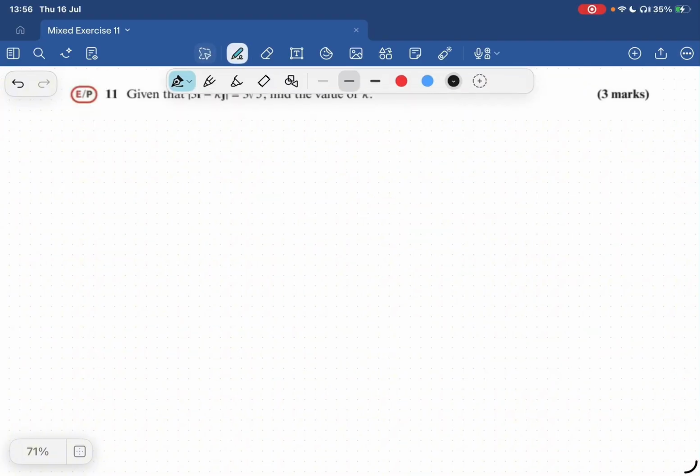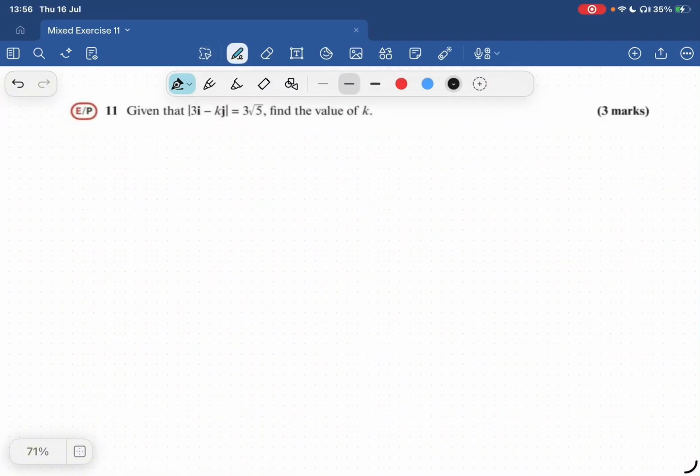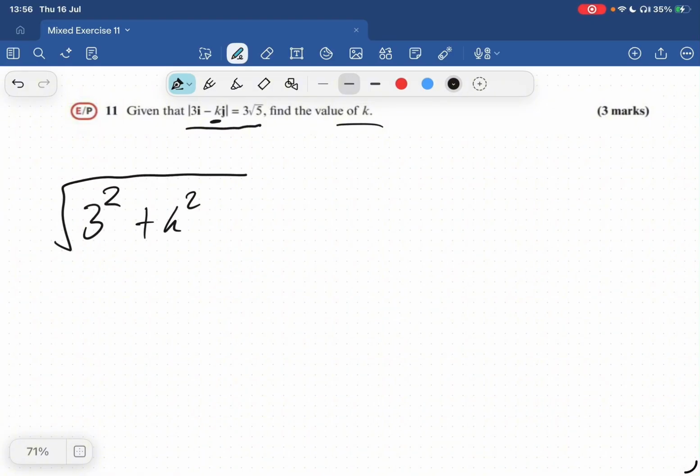Here we have question 11. We're told the magnitude of this vector with an unknown k here. We need to find the value of k. How we find magnitude is we would do 3 squared plus k squared, square rooted. I know technically there's a minus k here, but it all cancels out when we square it. That equals 3 root 5.